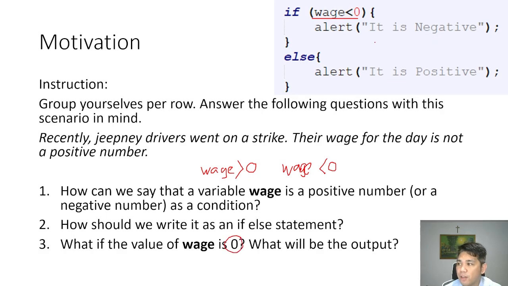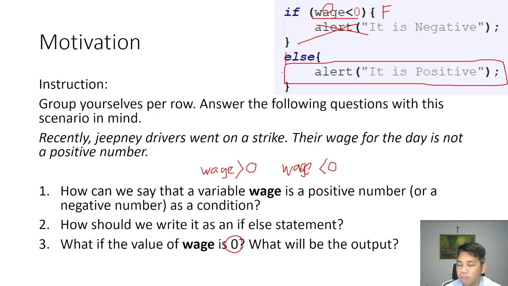So let's try following the code. If wage is 0, it's not less than 0, it means this is false. This will not be performed. This one will appear on your web page. It will state that 0 wage is positive.